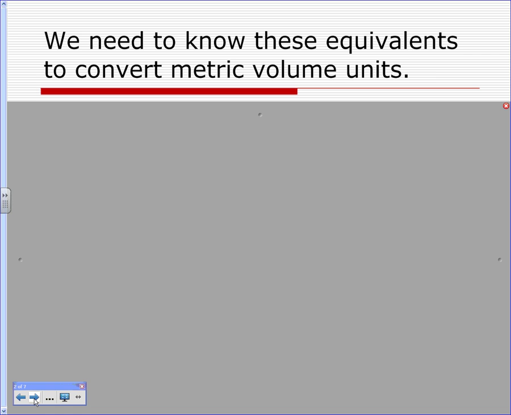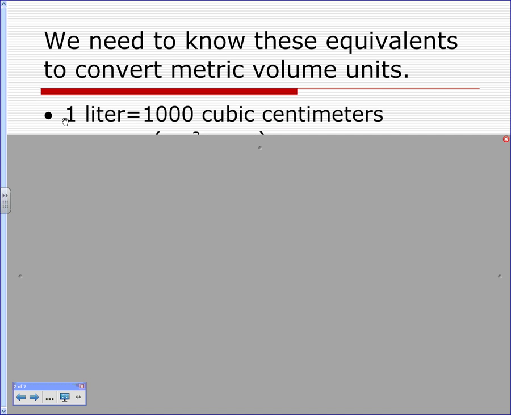Anybody think of what a metric unit might be? Liters, meters, centimeters, that kind of thing. But not gallons. Yeah. 1 liter is 1,000 cubic centimeters. You will have to know that.